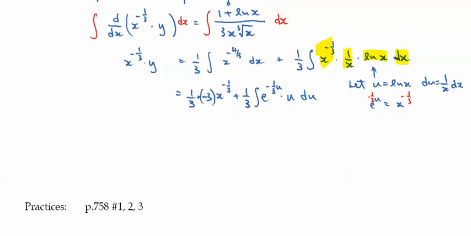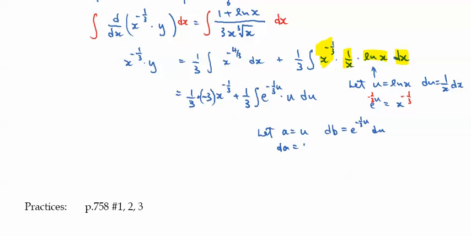So here, after you've set up your integration by parts, instead of using u and dv and things like that, I'm going to use other variables. I'll let a be u and db equals the rest. I need more space. Negative 1/3 of u du.